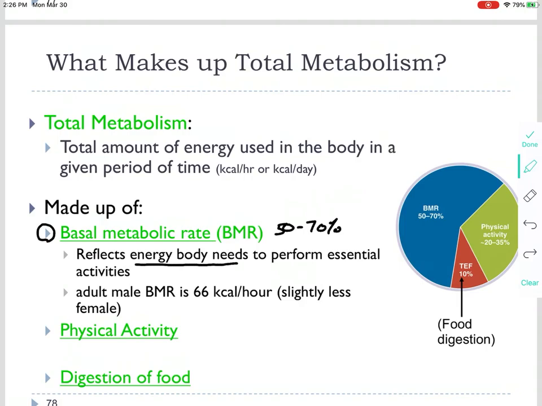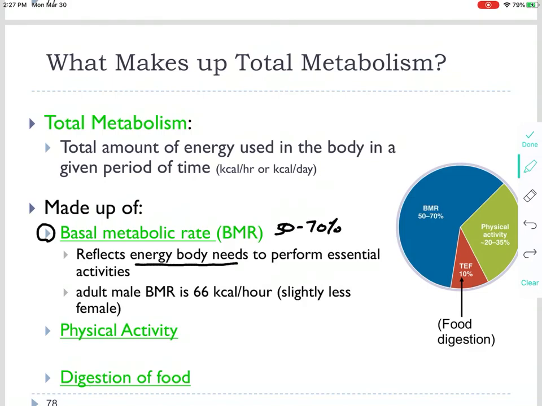What's basal metabolism? The energy needed for your body just to keep itself going. In other words, even if you laid on a couch all day, your body is still expending energy. Your heart's got to pump, your kidneys got to filter blood, your liver's got to filter blood, you got to do peristalsis.